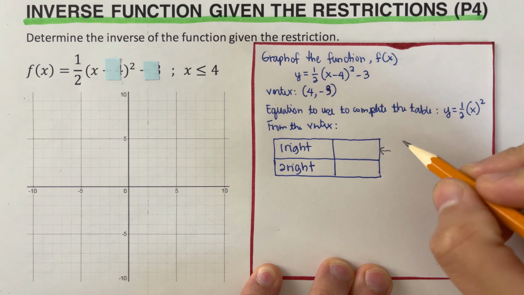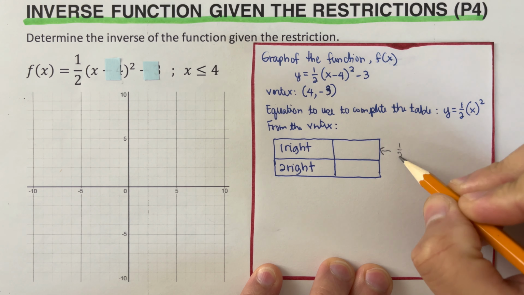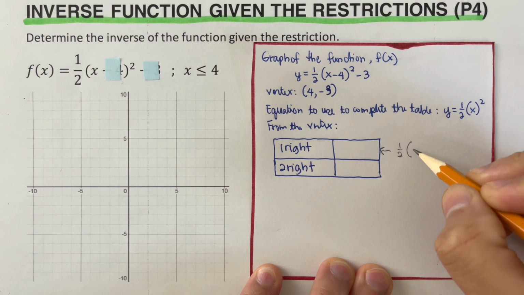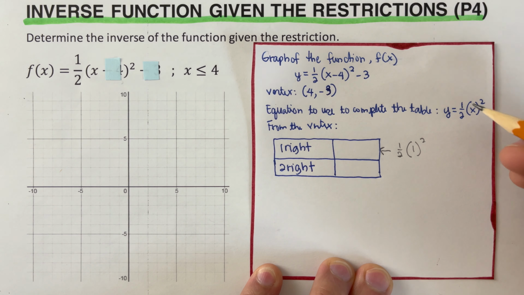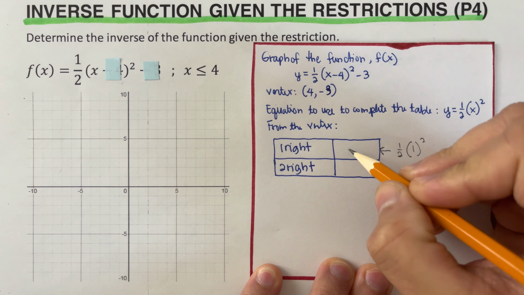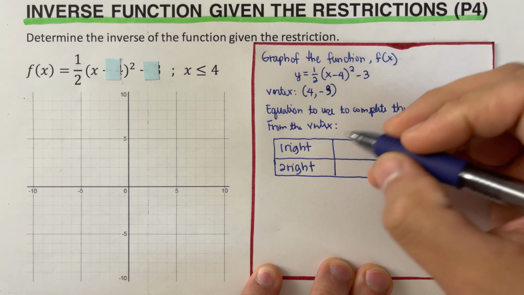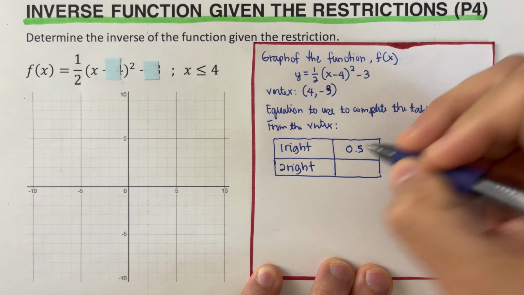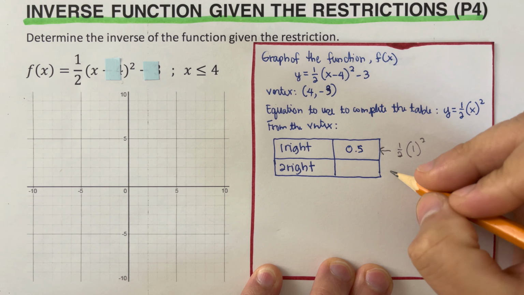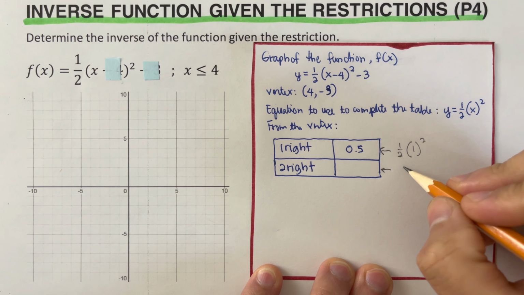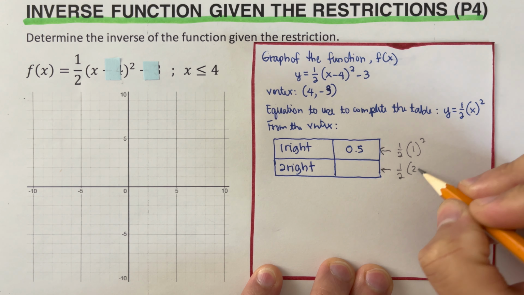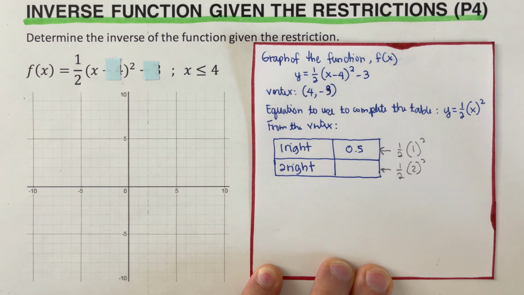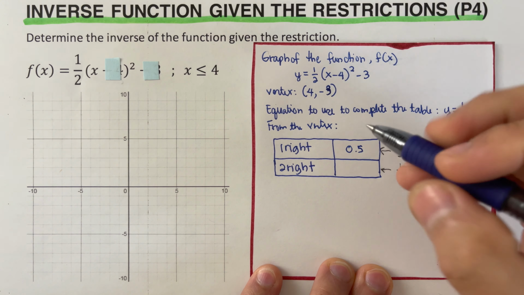So we write 1/2 of our x, which was 1, squared. So 1/2 of 1 is 0.5. We can go ahead and write 0.5 right here. And then for the other one, we do the same thing, but this time around, we put in the 2. So that's 1/2 of 2 squared. 2 squared is 4. 1/2 of 4 is 2.